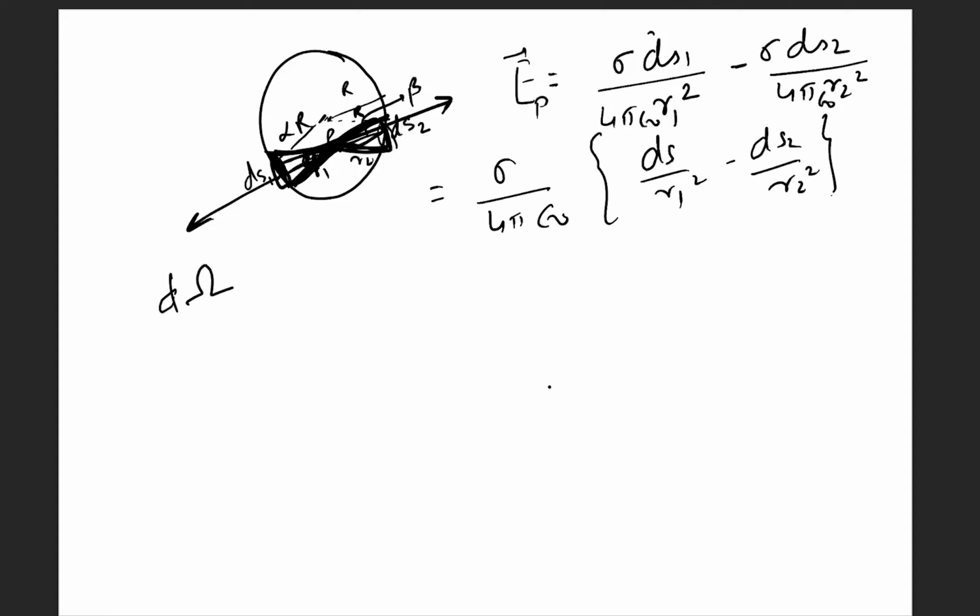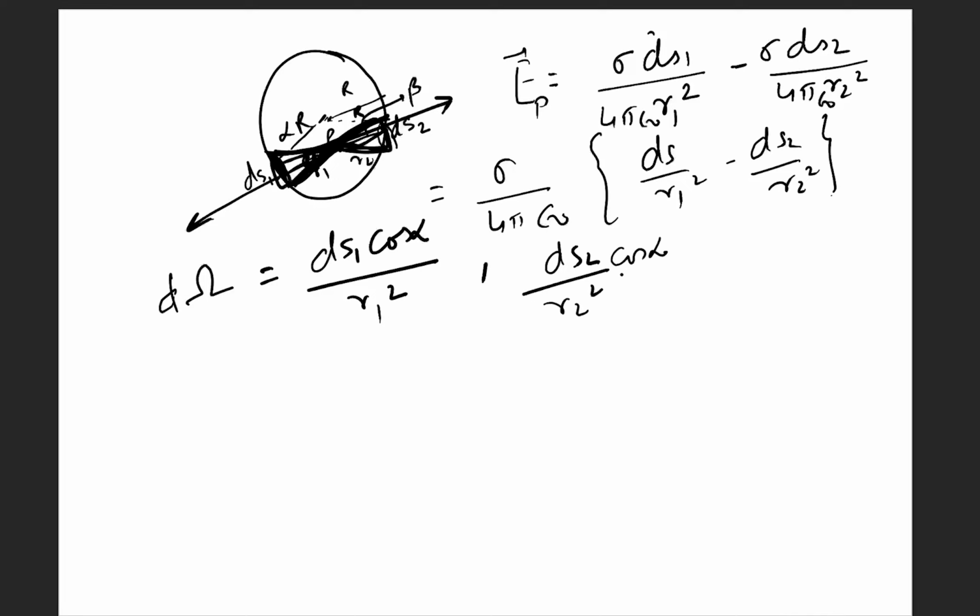Okay, so simply what we have to find is that this solid angle is ds1 cos alpha by r1 square and ds2 cos alpha by r2 square.